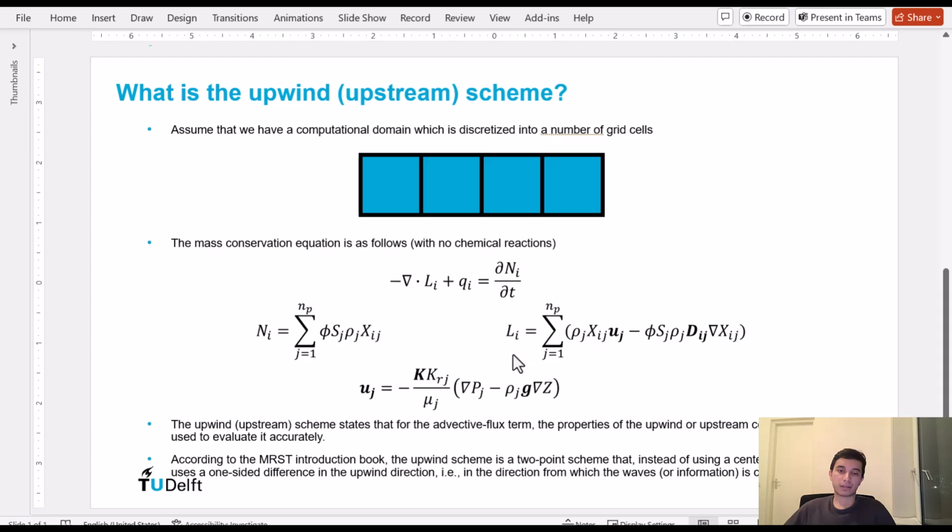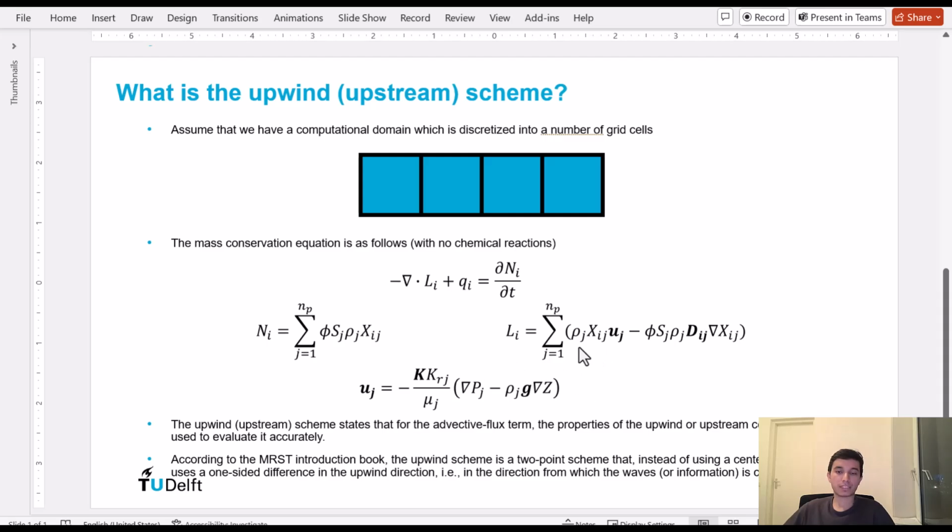So in this equation, as you see, we have some properties like phase density, the mole fraction of component I in phase J, for the evaluation of Darcy's velocity, we have phase relative permeability, phase viscosity, and some other properties of phase saturation, and things like that.